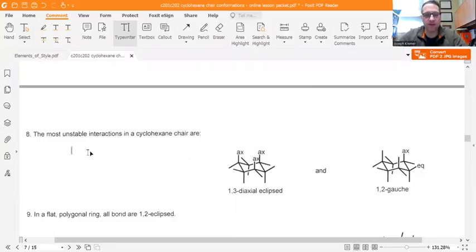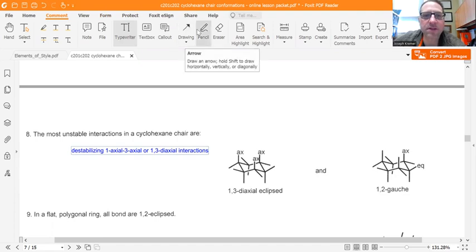There are destabilizing, that's bad, 1,3 axial, or 1,3 diaxial interactions. They're destabilizing.